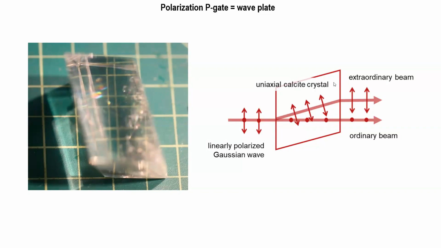Then of course these two beams coincide in the output, and their interference, or superposition, results in a light state of changed polarization. So these birefringent crystals allow us to change the polarization state of light.